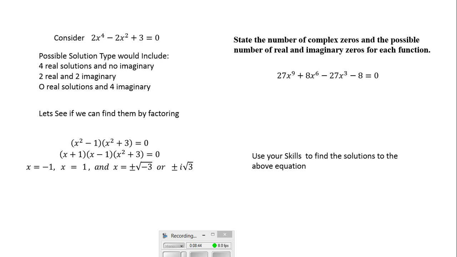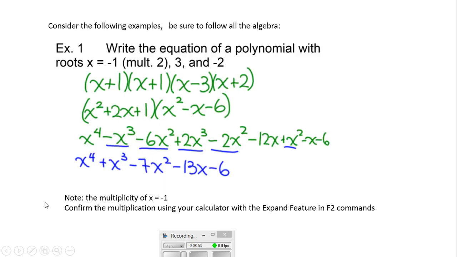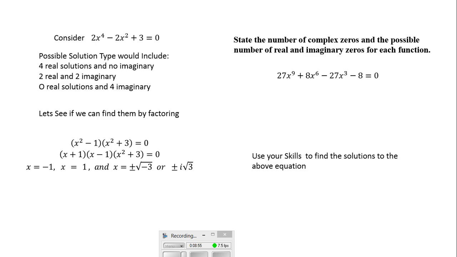Let us look at this expression, okay? Moving backwards, looking at this expression, it is a fourth power polynomial. Four complex solutions. How could we come up with them?